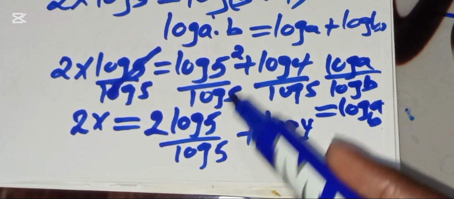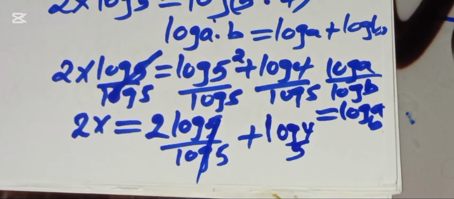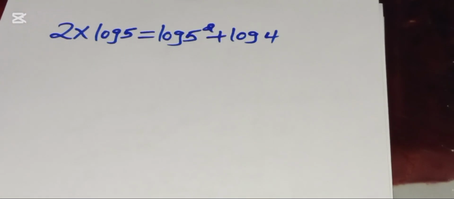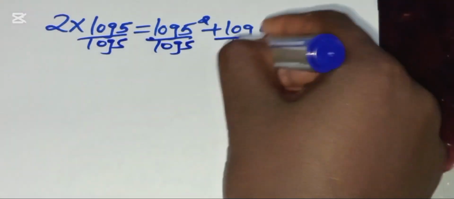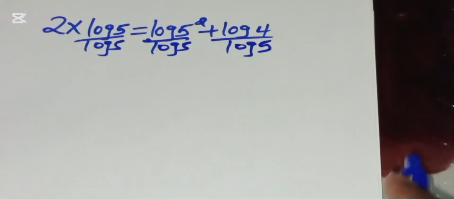So let's proceed and simplify. Let's divide both sides by log 5. Now let's simplify here.